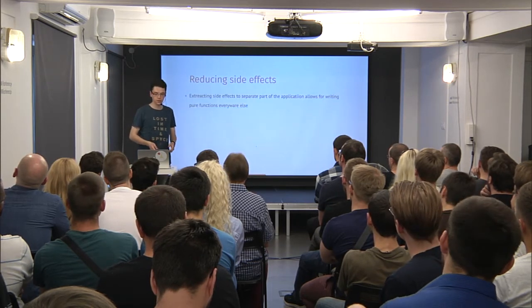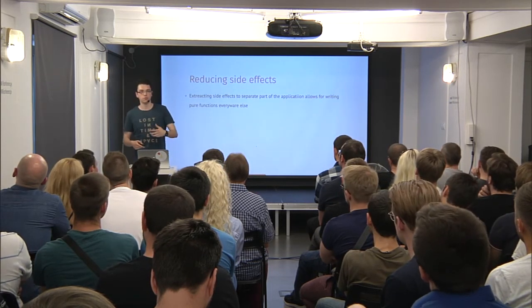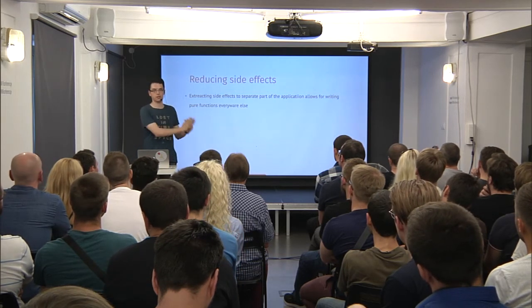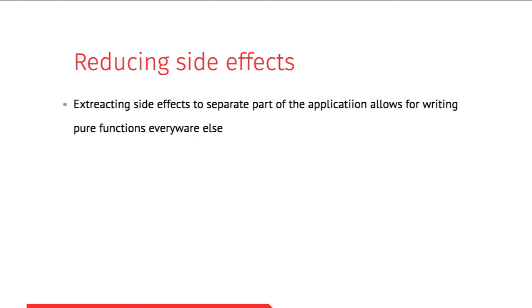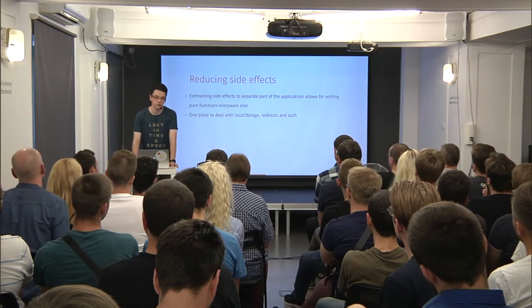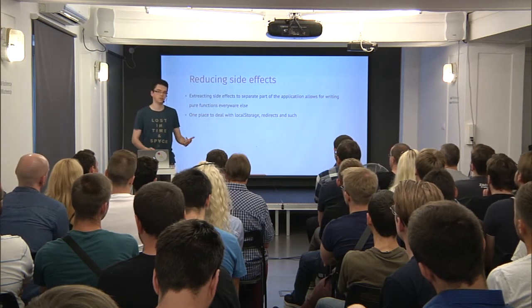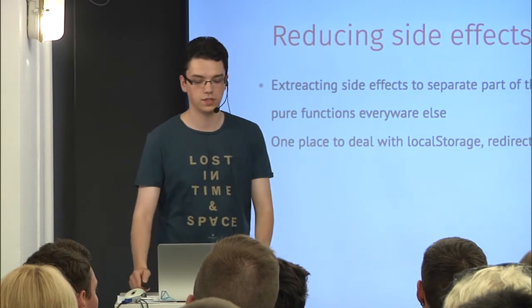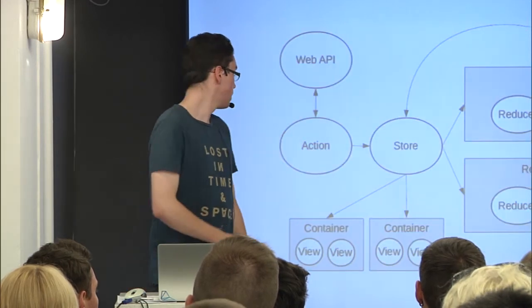You benefit from separating your side effects and components by extracting side effects to separate parts of the application, and it allows you to write pure functions everywhere. Because when somewhere there is a side effect, it's not a pure function anymore. One place to deal with local storage, redirects, and such really easily. It becomes really easy to find where the side effects happen, and this is how it looks.